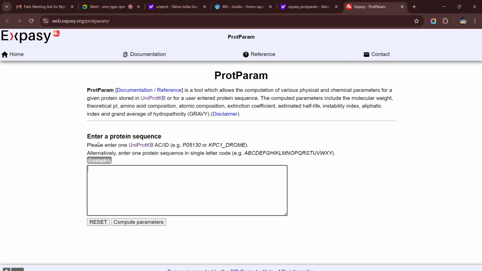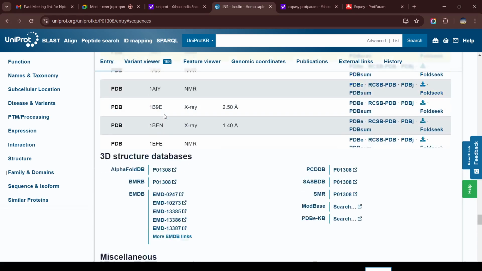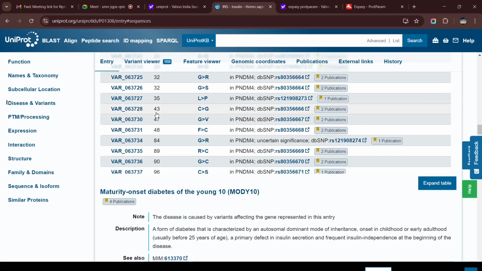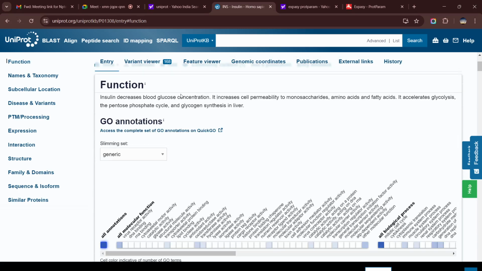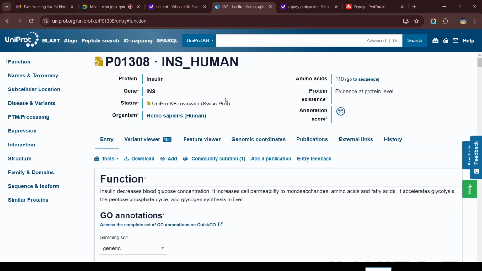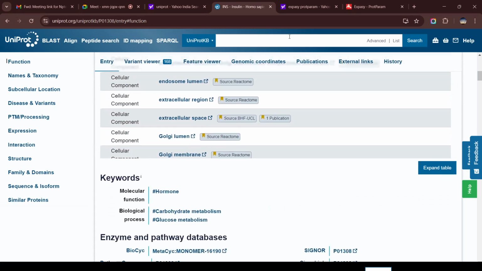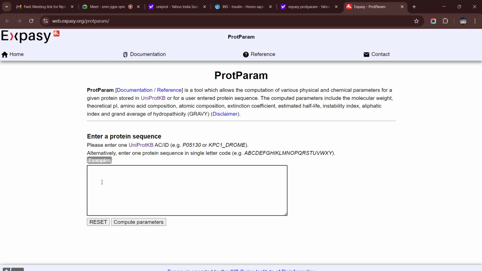Here it's written that this is used for computing different physical and chemical parameters of a given protein. Either you directly paste the UniProt ID, which is this one here, or because we have the amino acid sequence, you just copy paste the amino acid sequence and click on compute parameters.